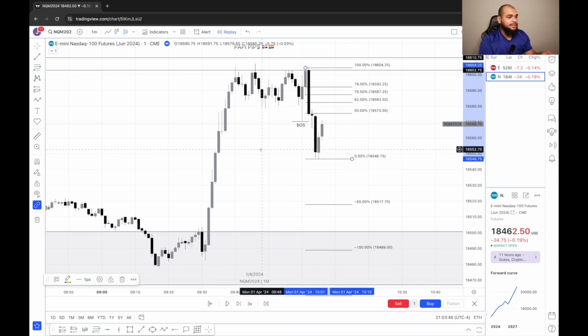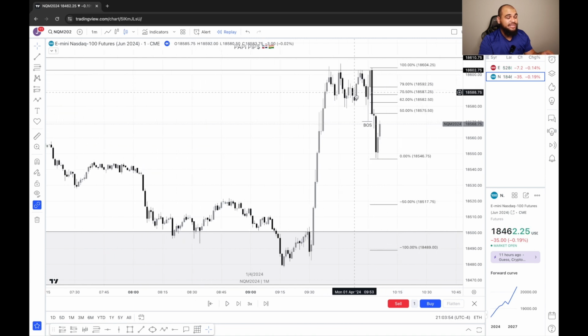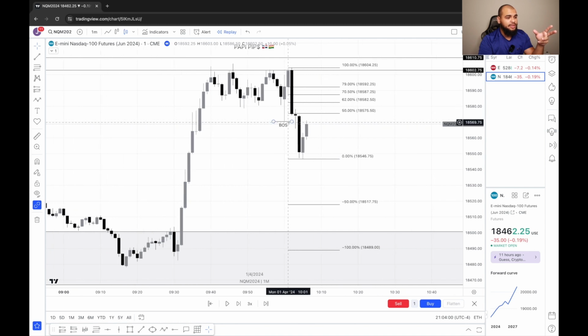So we have a liquidity grab. Price took out buy side liquidity. Boom. After that happens, that's when we wait for the break of structure. And now this is where you have to be patient and have that discipline to wait until price comes into the OTE. So anywhere in the zone, you can take a trade.